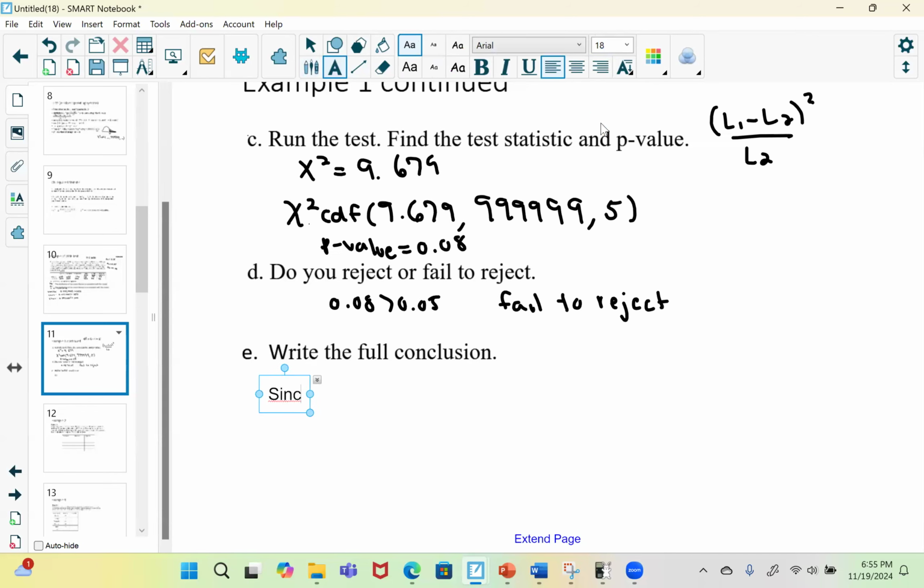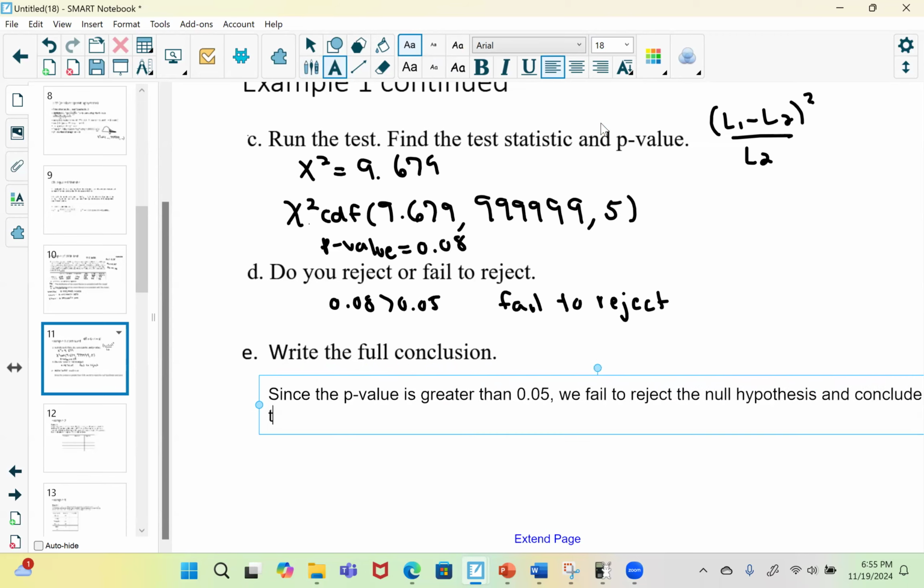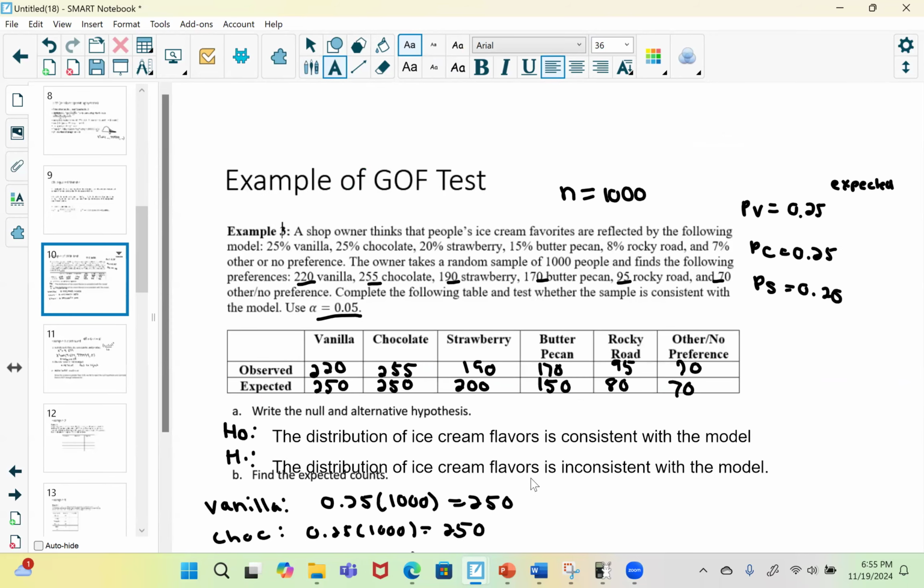We say, since the p-value is greater than 0.05, we fail to reject the null hypothesis and conclude there is not enough evidence, because we're failing to reject, and we always talk about the alternative. The alternative is the distribution of ice cream flavors is inconsistent with the model. That's what I'm going to say.